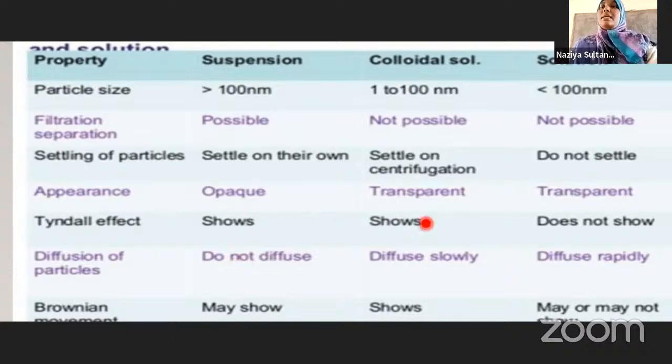Whereas in the case of a true solution, because the size is small, they are unable to scatter the light. For that reason, they do not show the Tyndall effect. Next, coming to another property, that is diffusion of particles. The particles of a suspension do not diffuse, whereas the particles of a colloidal solution diffuse slowly.